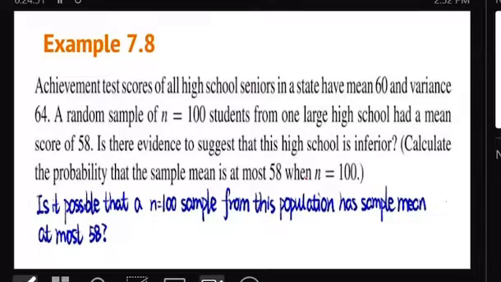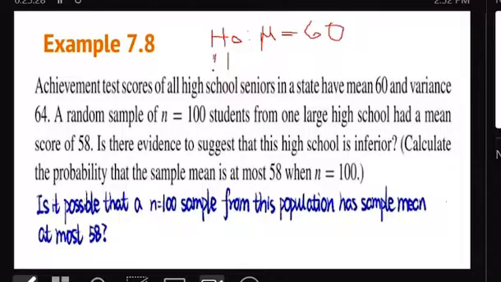Let me tell you another way I can interpret example 7.8. Example 7.8 can be interpreted in terms of testing hypothesis, which we're still going to talk about, but I know you've heard about hypothesis formulation before, where you have the null hypothesis. Here, the hypothesized value is actually 60, against the alternative hypothesis.